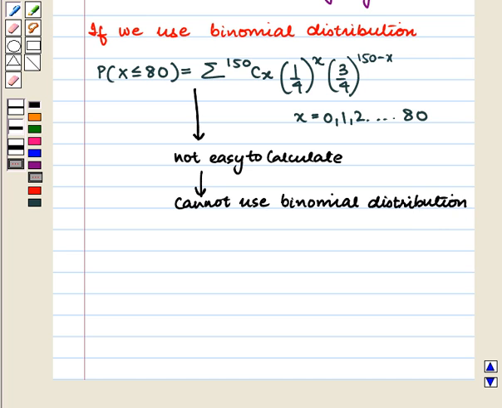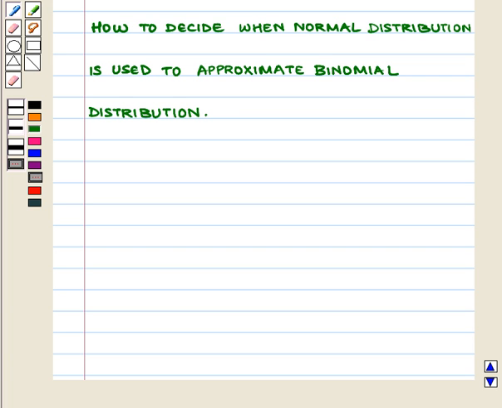A better approach is to use normal distribution to approximate the binomial distribution. Now we see how to decide when normal distribution is used to approximate binomial distribution.